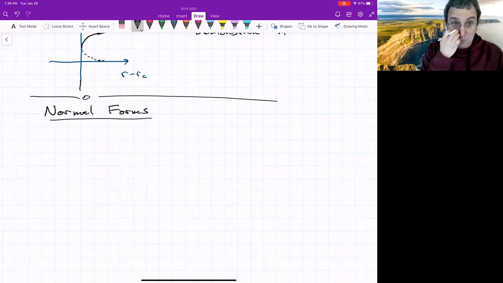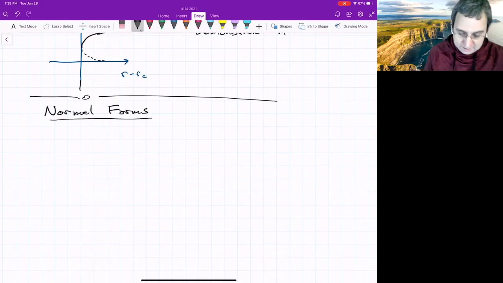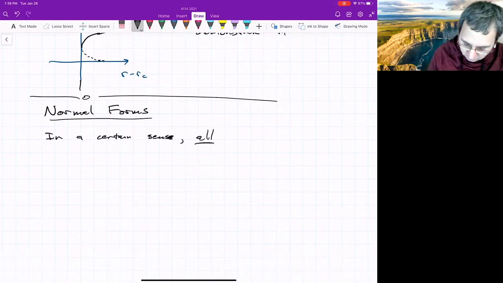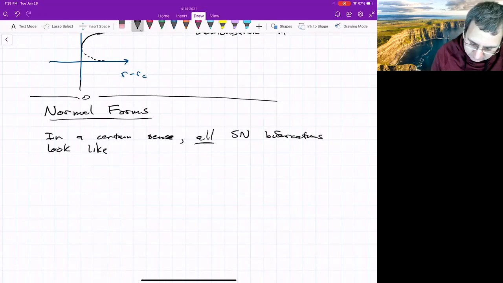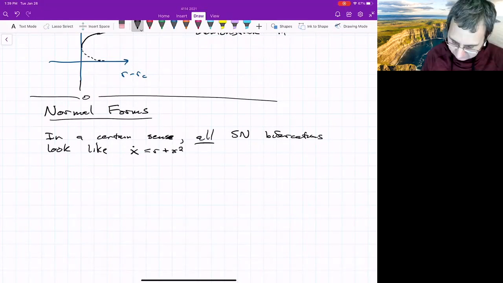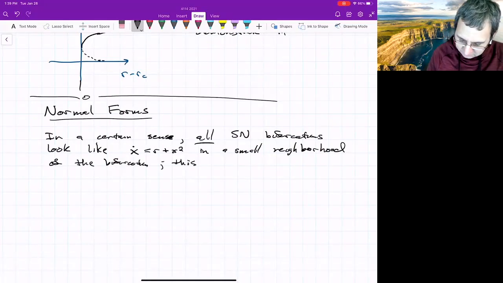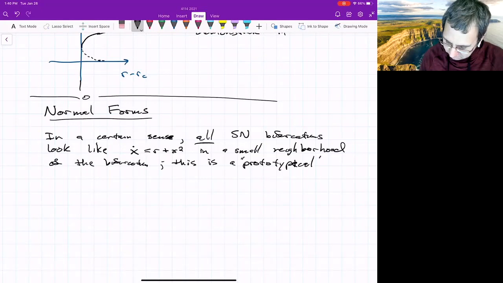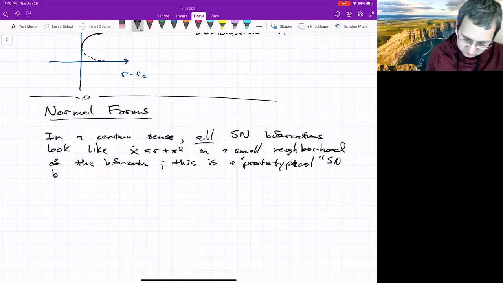But I just want to give you the idea that in a certain sense, all saddle-node bifurcations look like x dot equals r plus x squared in a small neighborhood of the bifurcation. So this becomes powerful. That means this is a prototype, the prototypical saddle-node bifurcation.